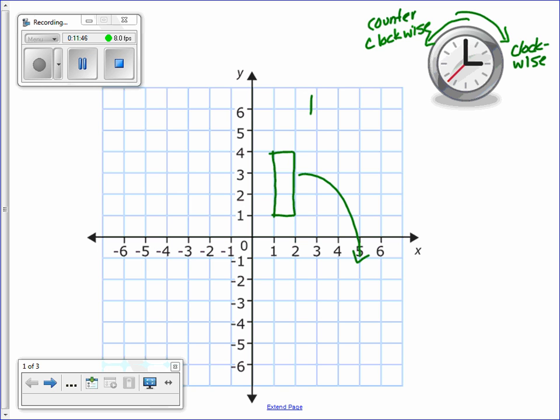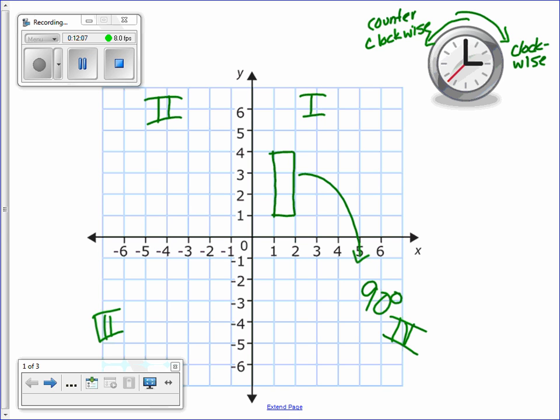Say this is quadrant 1, this is quadrant 2, this is quadrant 3, and this is quadrant 4. Hopefully you remember that. If it was to rotate 90 degrees clockwise, it would end up here, okay?